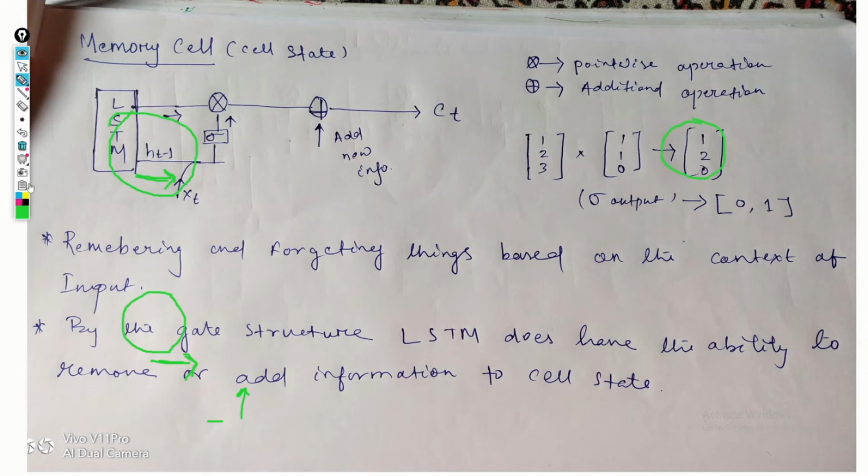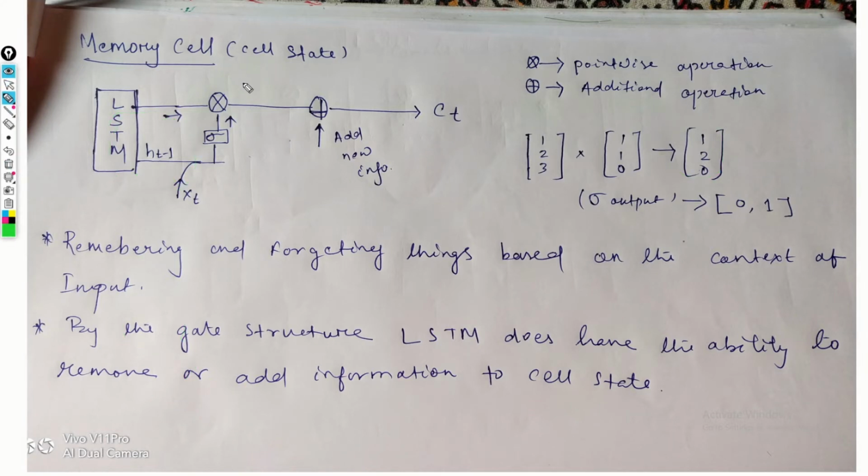The first thing I want to tell you is the memory cell. Like I told you about the cell state, the upper line is nothing but the cell state, or the memory cell.